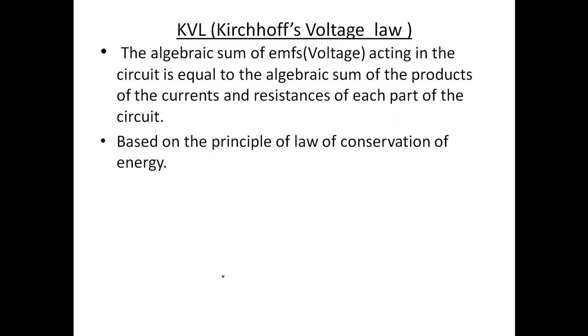Now next is our KVL, or Kirchhoff voltage law. It states that the algebraic sum of EMF voltages acting in the circuit is equal to the algebraic sum of the products of the current and resistance of each part of the circuit. And KVL is based on the law of conservation of energy. Let's suppose a circuit having this resistance, and this one.